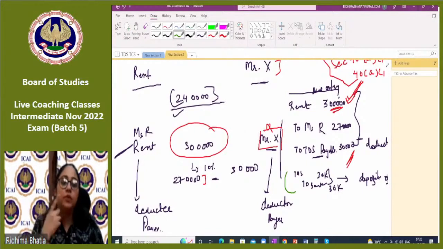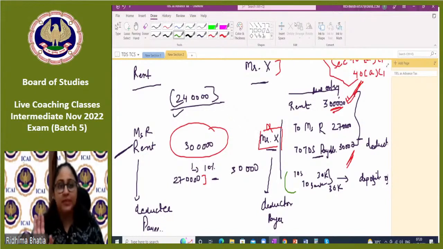Yes, a payer will deduct TDS on behalf of the payee. Who is the payer? The source, right? The one who has to make the payment, that is the word payer, right? He only has the power to deduct TDS because he has to make the payment, right?